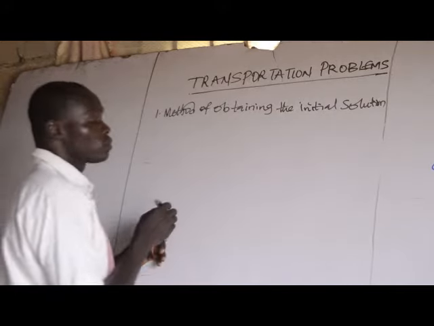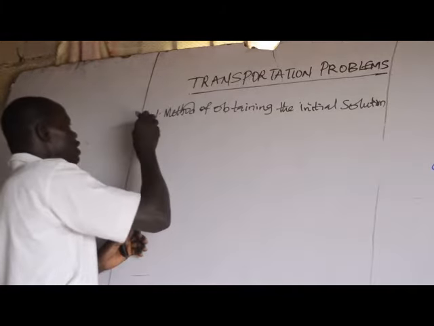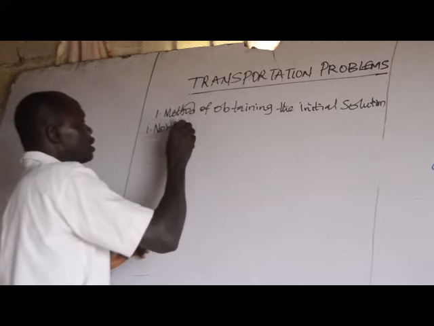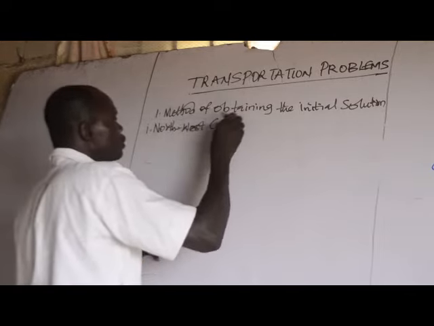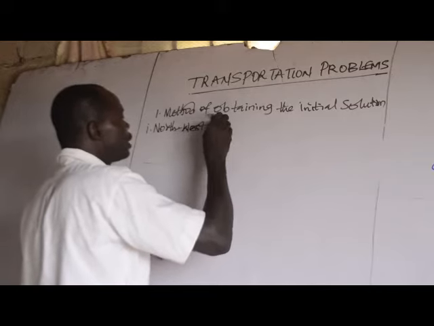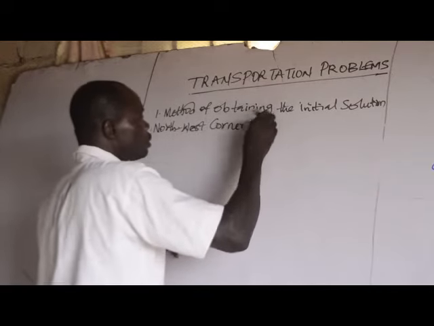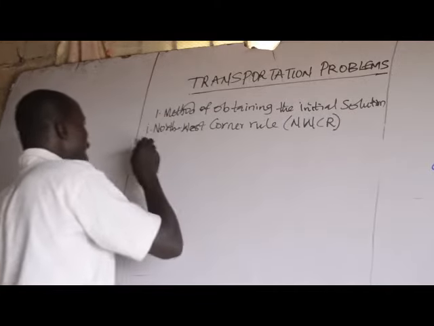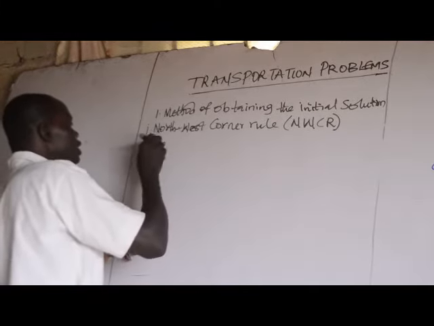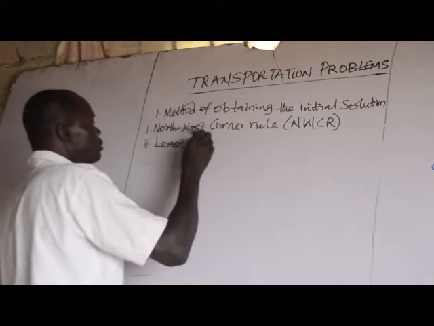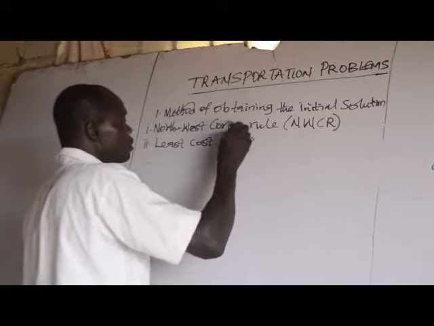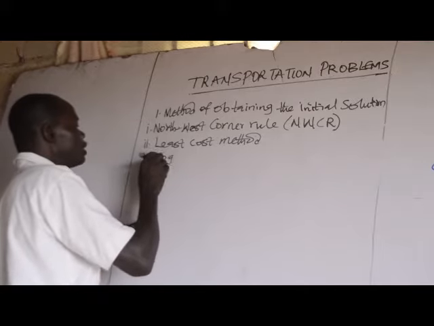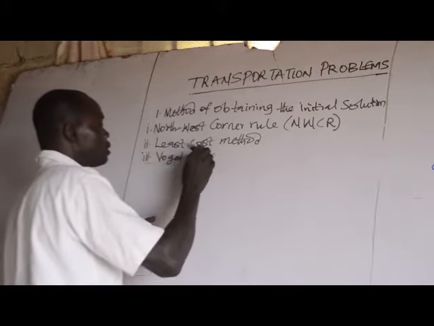Under this, we have the northwest corner rule. Number 2, we have the least cost method. Number 3, we have Vogel approximation.